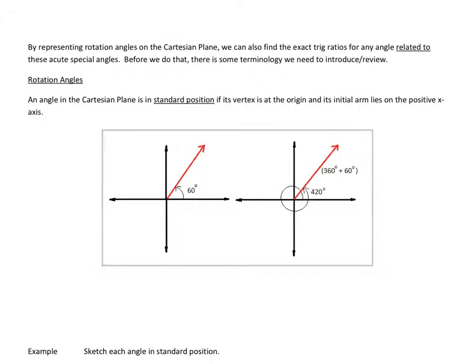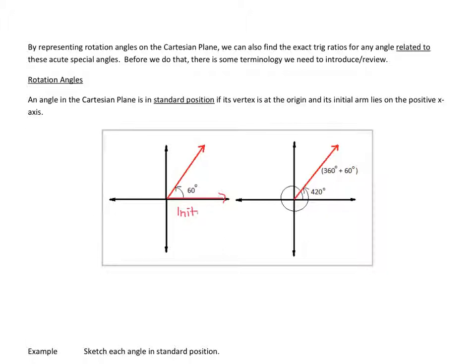Instead of representing such angles in a triangle, what we do is we represent the angle on the Cartesian plane instead. And I think most of you would have seen this before, or should have certainly seen this before. When looking at an angle on the Cartesian plane, we always place the initial arm of that angle along the positive x-axis.